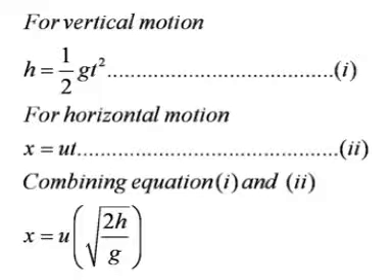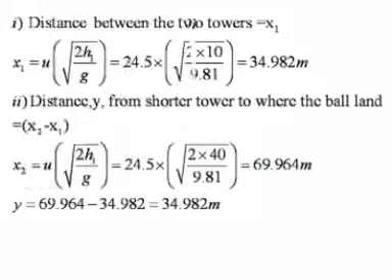When you combine the two equations, you come up with a general equation that will enable you to calculate the horizontal displacement. Therefore, x1 gives 34.982 meters, and that is the answer for the first question. For part 2, the difference between the two horizontal displacements will give us the answer, and that is 34.982 meters.